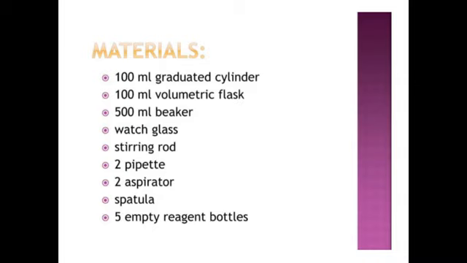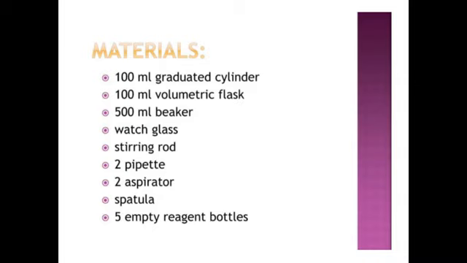An alternative to the aspirator will be a dropper. You can use a dropper to measure some amount of water or liquid that you want to use. You also need a chemical balance, preferably a digital chemical balance, so that you can use it to weigh the mass of the pellets or the solids, especially in the case of base. So these are some of the materials we are going to be using.